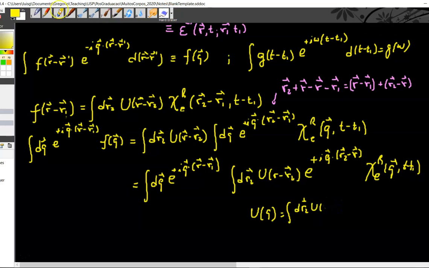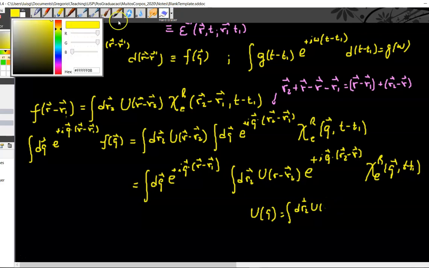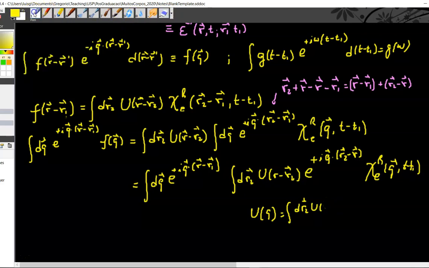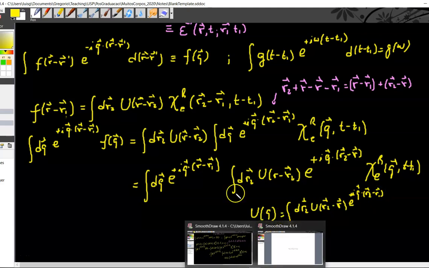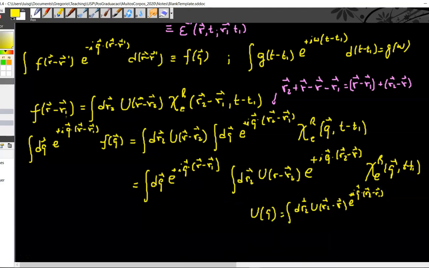It might depend on the orientation, but if it doesn't depend on the orientation, it will be just r2 minus r, e to the plus iq(r minus r2 minus r). Okay, that would be my r2. u of q, that's how I define it.